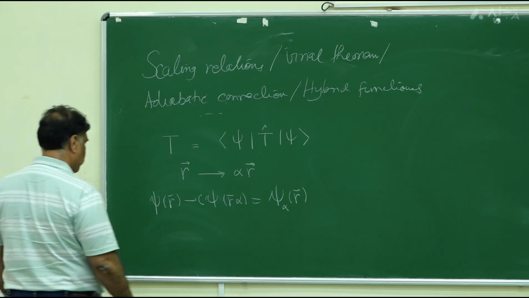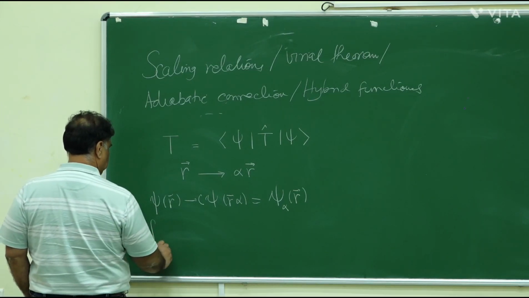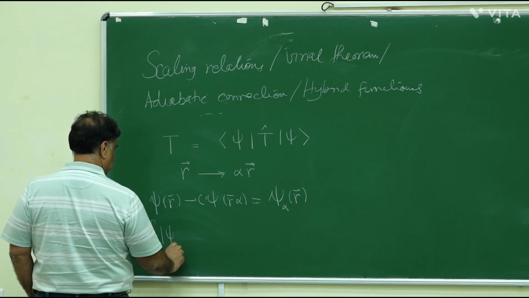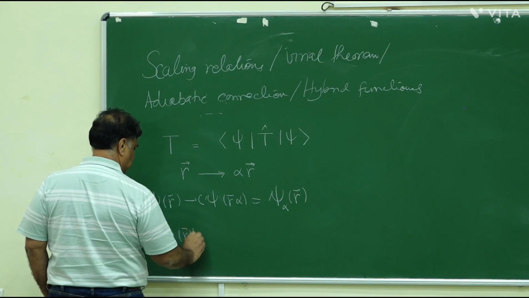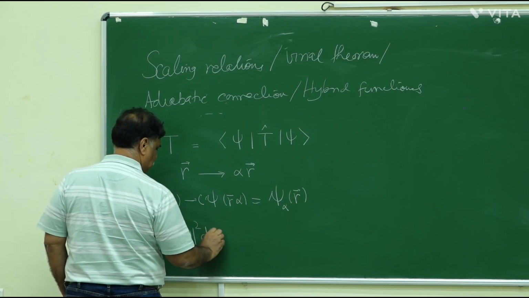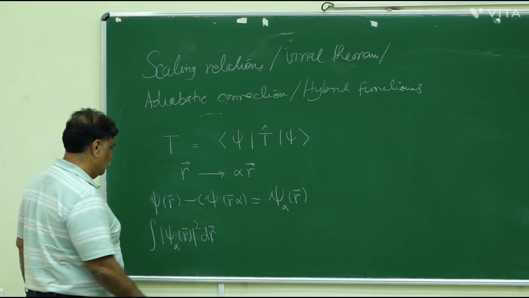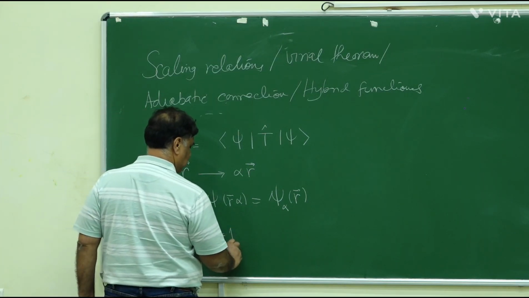Then for proper normalization, I should have integration mod psi alpha r, meaning all r1, r2, r3 and all that, mod square dr. This should remain 1.